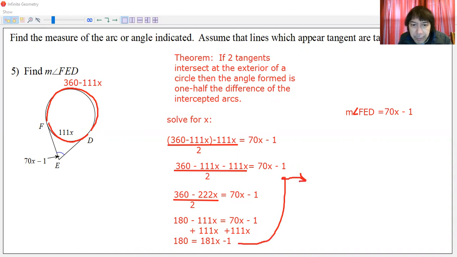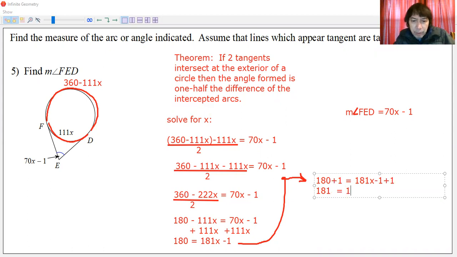So we shall now add 1 to both sides. The equation becomes 180 plus 1 is equal to 181x minus 1 plus 1. The right side will remain 181x. The left side becomes 181.